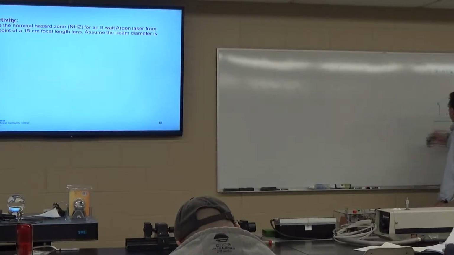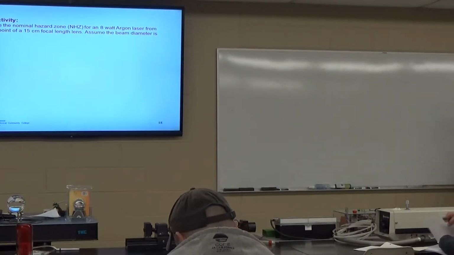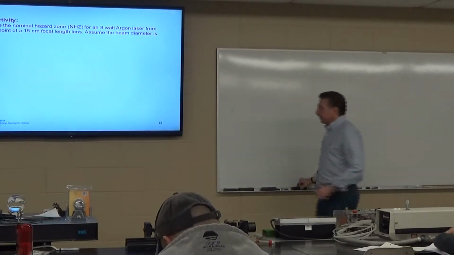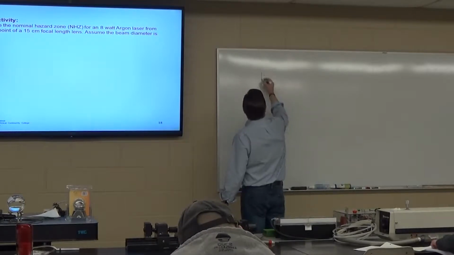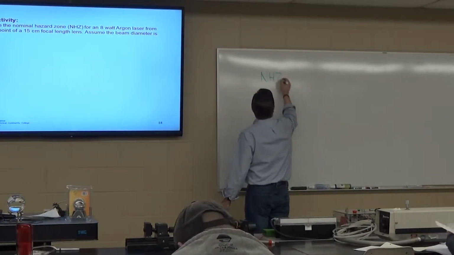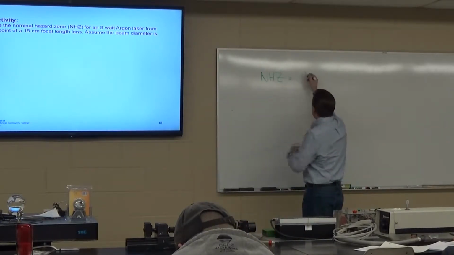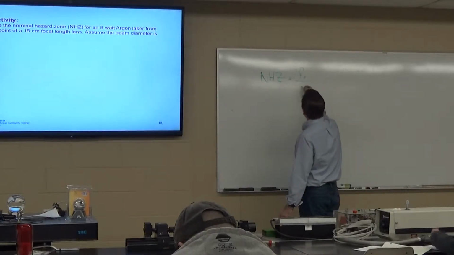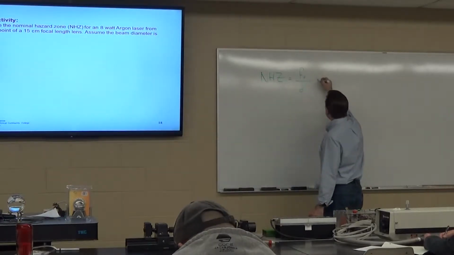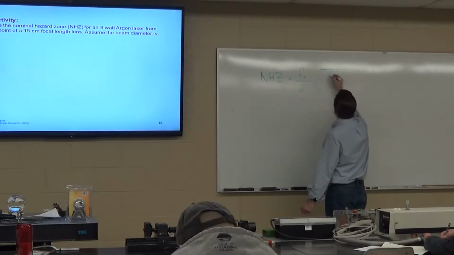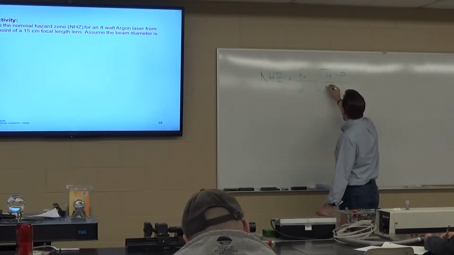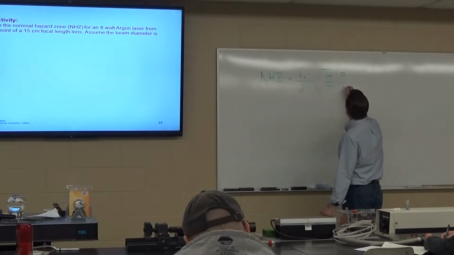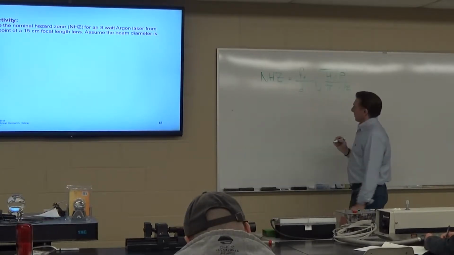If you set up the equation in a way that you can check your units, that's why it's always important to include units. So we've got nominal hazard zone is equal to focal length divided by the diameter of the beam times the square root of 4 times the power divided by pi times the maximum permissible exposure.